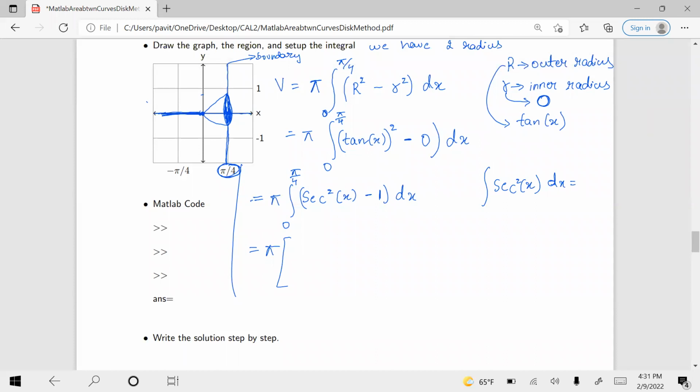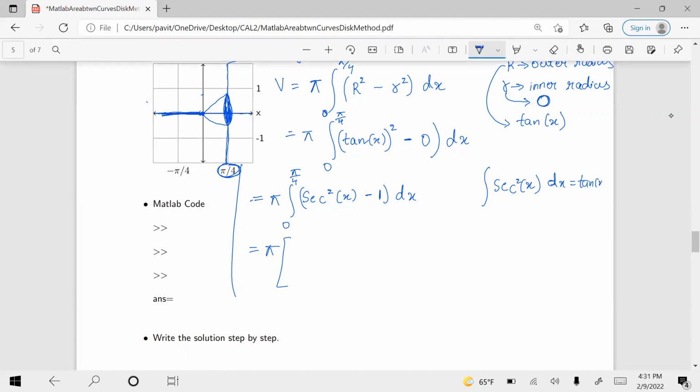What will be the integration of secant square x? Very good. That is going to be tan x, from 0 to pi by 4.